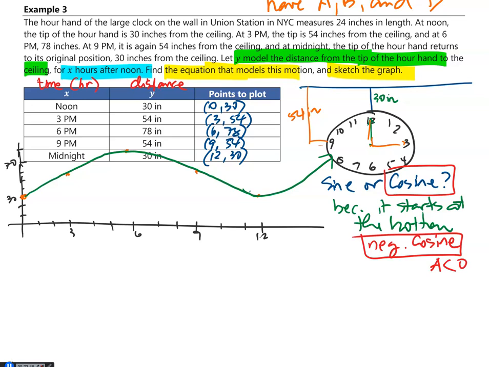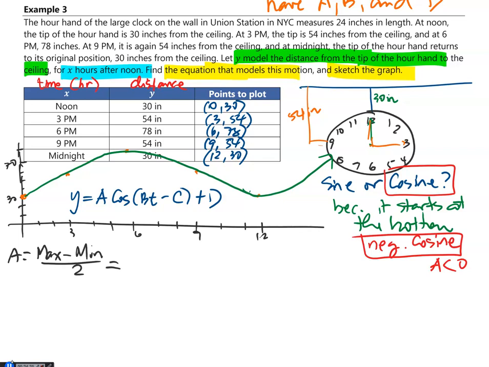Okay, so we're going to use again y is equal to a cosine of (bt minus c) plus d. And now how do we get our a, b, c, and d? So remember, a is equal to the maximum minus the minimum over 2.